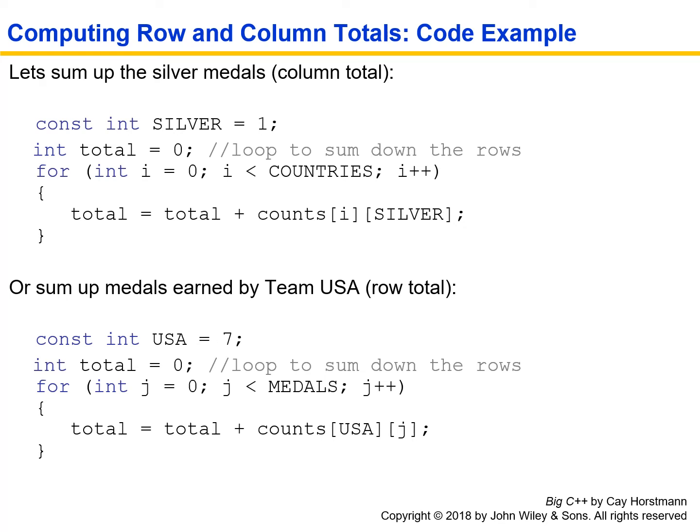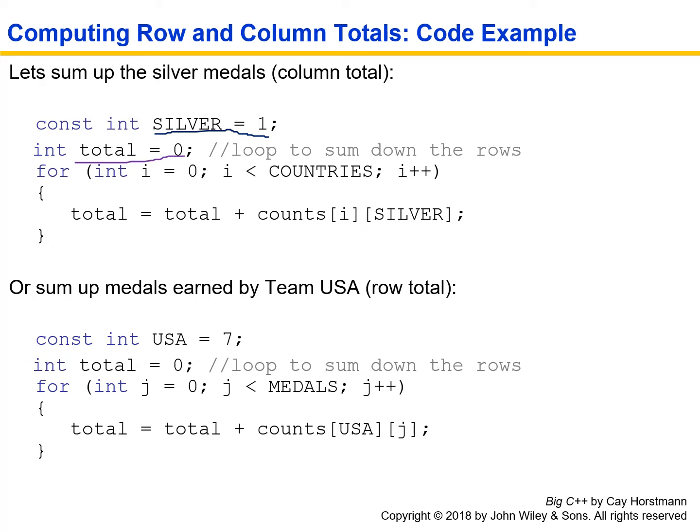Let's say we wanted to sum the total of silver medals. We can make a constant silver equals 1 to refer to which column we're summing up. Then we start with our total equals 0, and then we do a standard for loop, i equals 0, i less than countries, i plus plus.